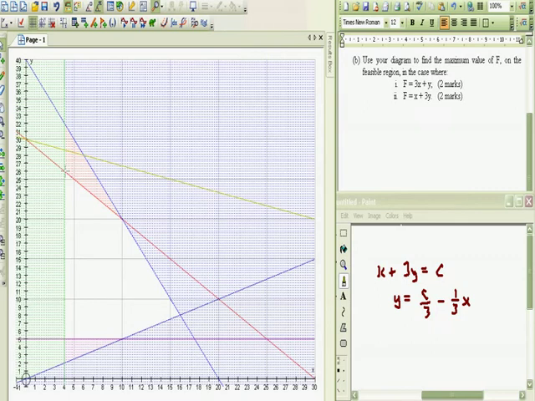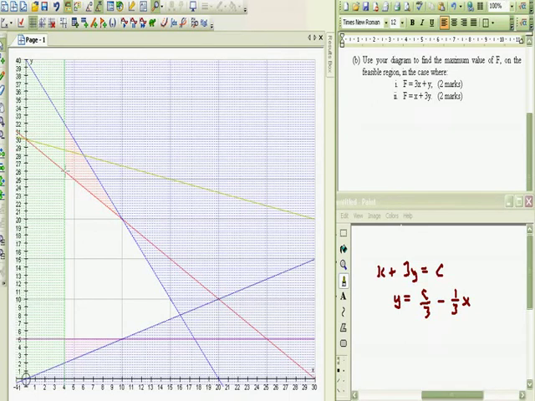So that will give you the maximum coordinates in this case. It will give you the maximum value of f. 426, 26, 52, 78 plus 4 is 82. So you should be able to find that f is 82, and that'll be the maximum value in that case.